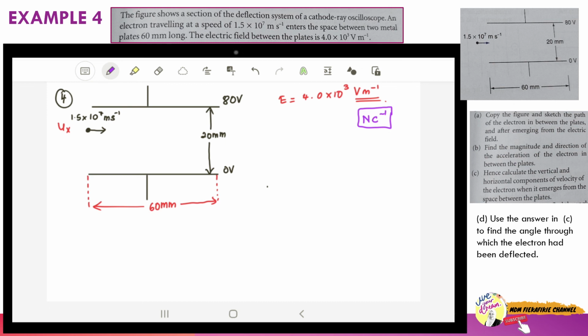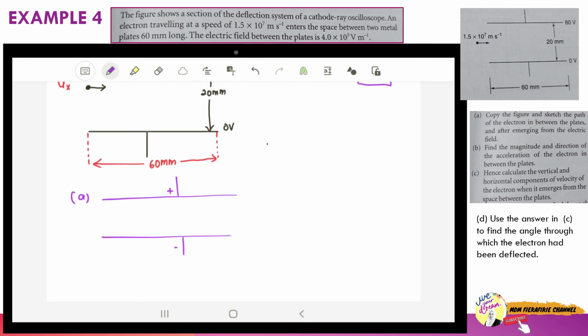Copy the figure and sketch the path of the electron in between the plates and after emerging from the electric field. Since this is an electron, you must have your positive and negative plate. Let's say this is positive and this is negative.